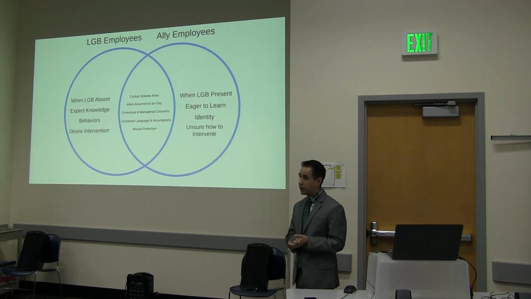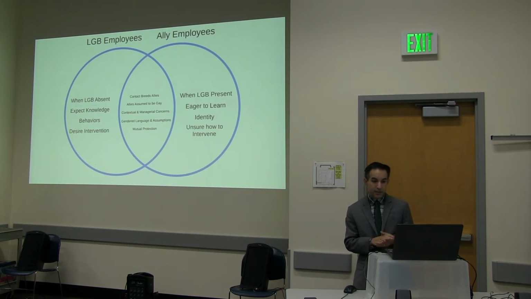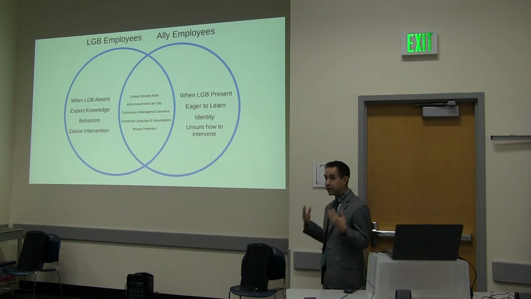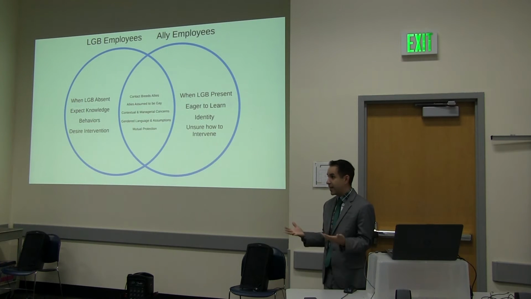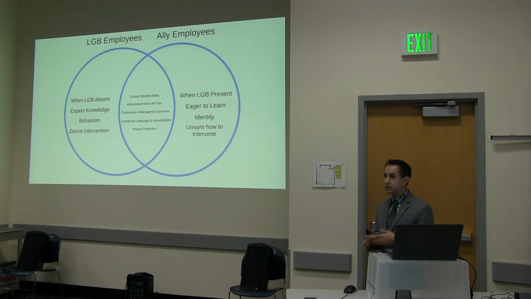And they're also unsure about whether or not it's their place. Am I going to make things worse, right? So there's a lot of uncertainty, and that really acts as a barrier to engaging in behaviors. And of course, the gay and lesbian people said, we need allies. Every social movement has benefited from allies, and without allies, it's not going to change, right? We need the support and the benefit of the allies.